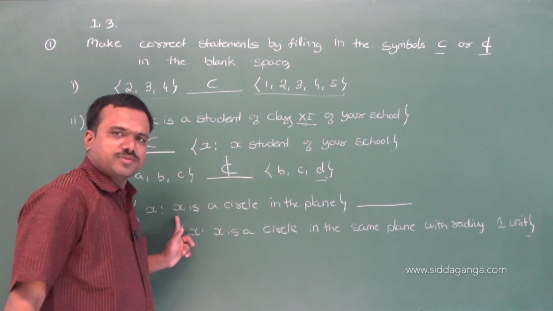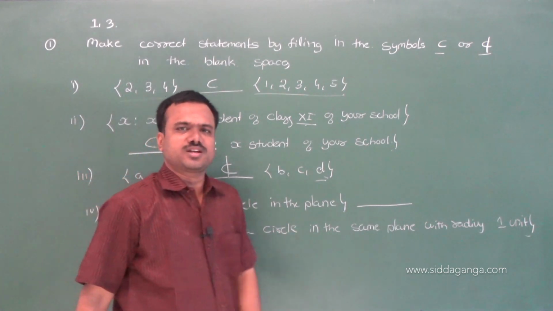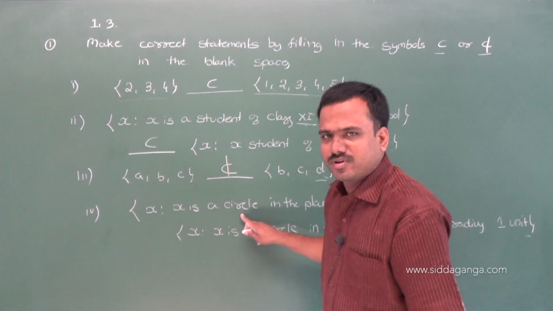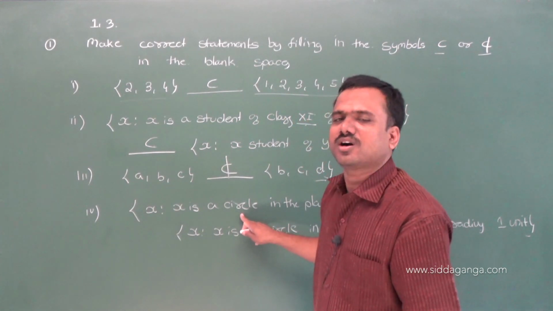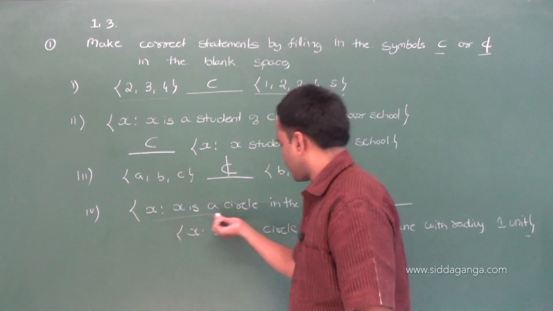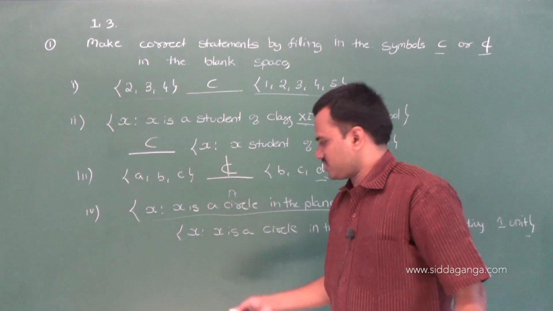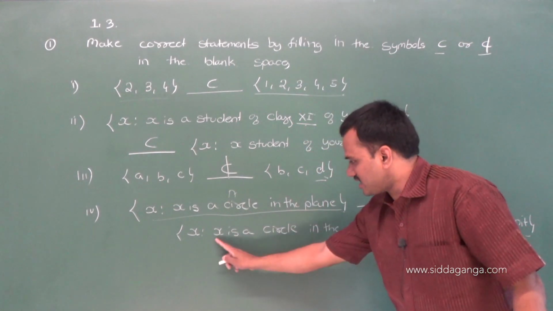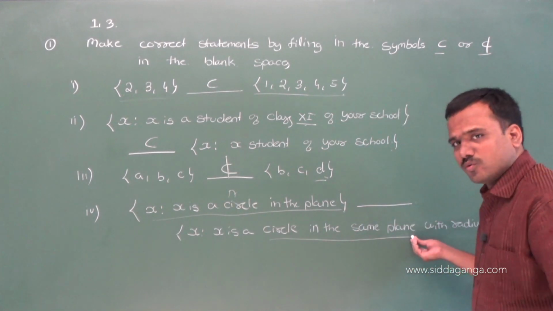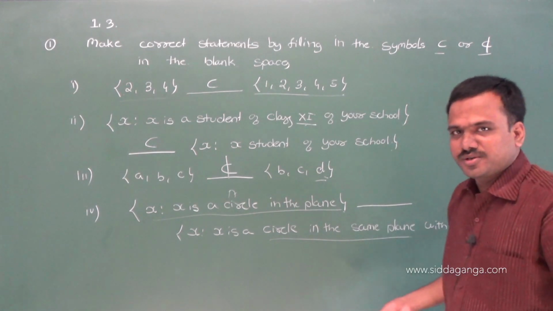So observe this side first. X such that X is a circle in the plane means a circle of radius 1 unit or 2 or 3 or 4, and it goes on. This is nothing but a set, if I call it A set. B set says X such that X is a circle in the same plane, and one more condition he has given: of radius 1 unit.